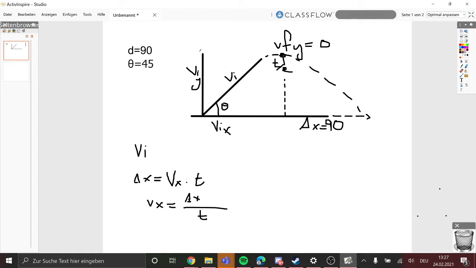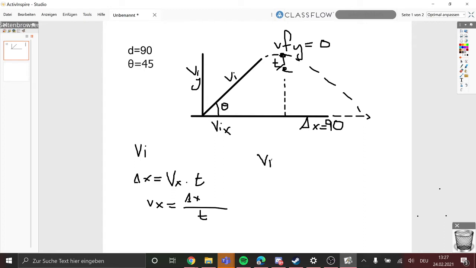Since this is all happening on an x and y plane and has an angular component, we can also denote these using sine and cosine.